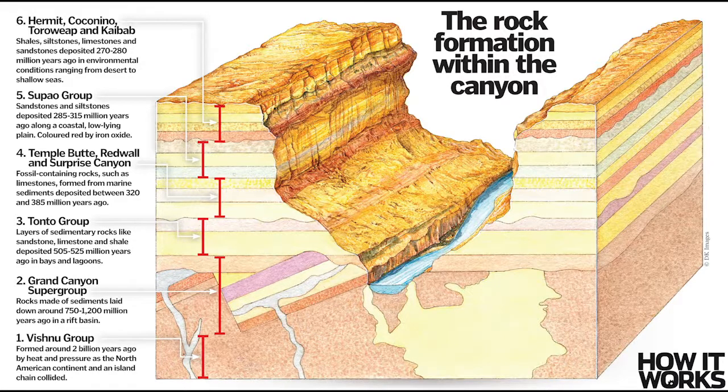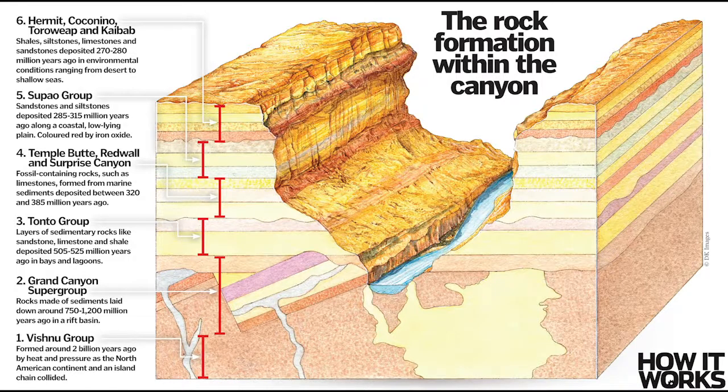The next layer is called the Grand Canyon supergroup, and this is made of sedimentary rock. Then we have more sedimentary rock called the Tonto group. Temple Butte, Redwall, and Surprise Canyon are next, and those contain fossils and are predominantly limestone.